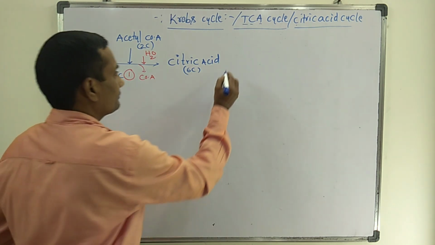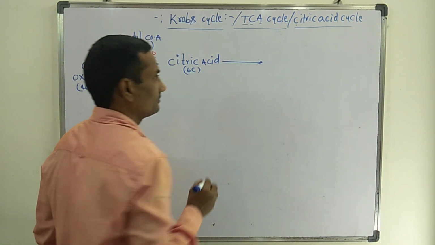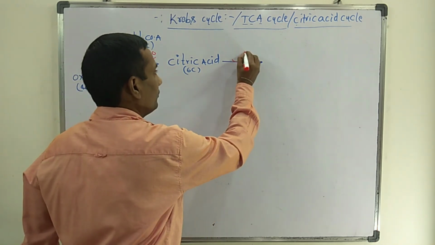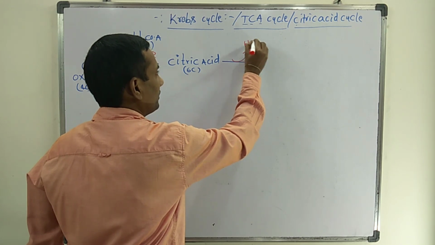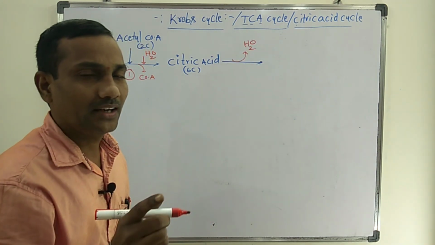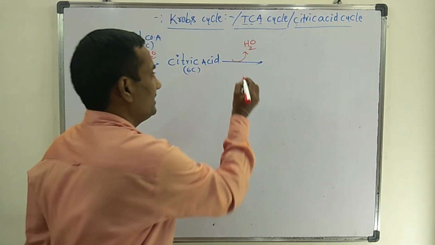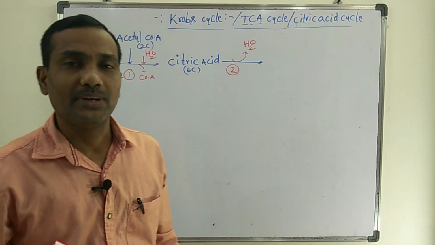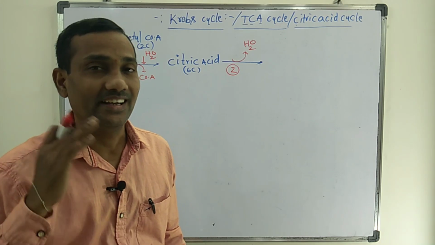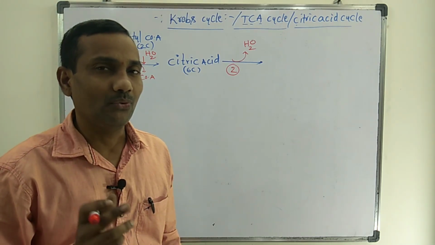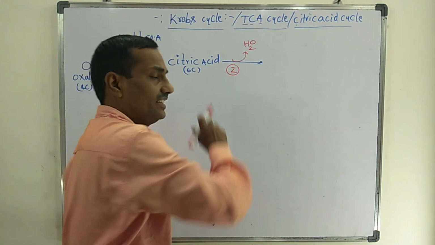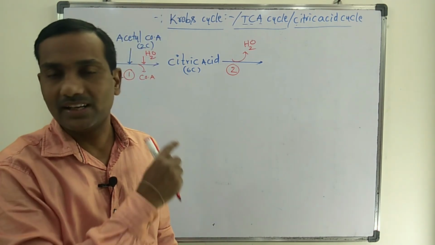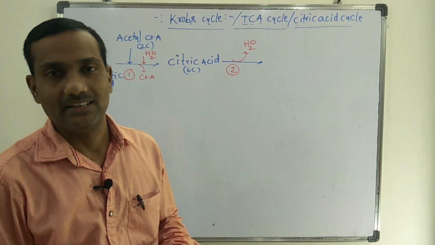Second step, dehydration occurs. Removal of water, that is the second step. That step name is dehydration. Removal of water from the substrate is called dehydration. That is the second step that occurs in the citric acid cycle.